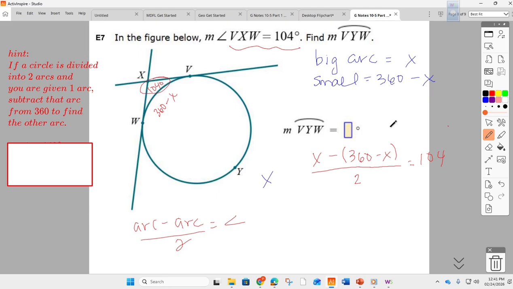So now we're going to simplify this numerator. Remember, distribute the minus. x minus 360 minus negative x is what? Plus x. Don't mess that up.